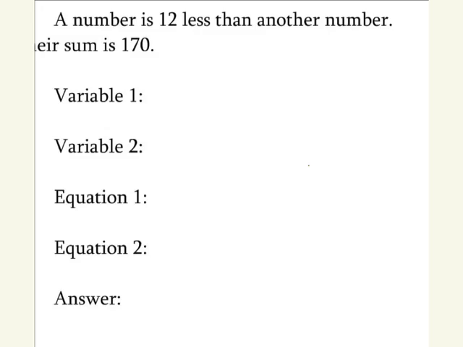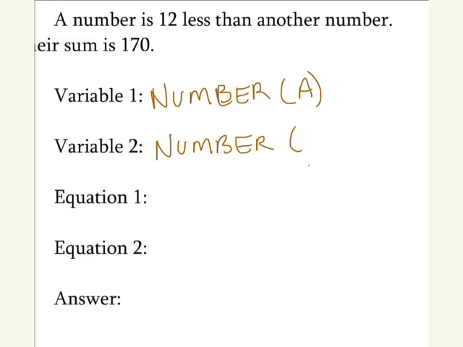All right, word problems. These are one of my favorites. Okay, variable number 1 is a number. It doesn't matter what we call it, but I like to call it A. Variable 2 is going to be a number, and it's going to be letter B. First equation: a number is 12 less than another number, so A is going to be less than B, so I'm going to take away the 12: A equals B minus 12.